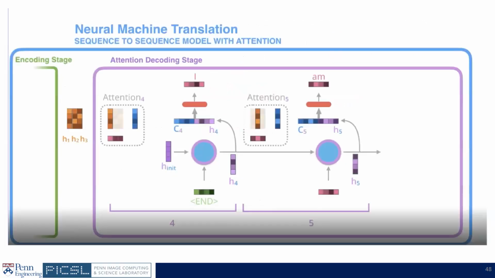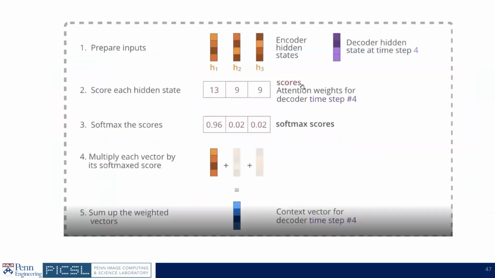Visually, this is what is going on. Remember that we have this encoding stage, which spits out the 3 hidden vectors, H1, H2, H3. This whole thing is a decoding stage. This is the first time step of the decoder, which receives your 3 hidden states and the weighting for them, that is, these scores.